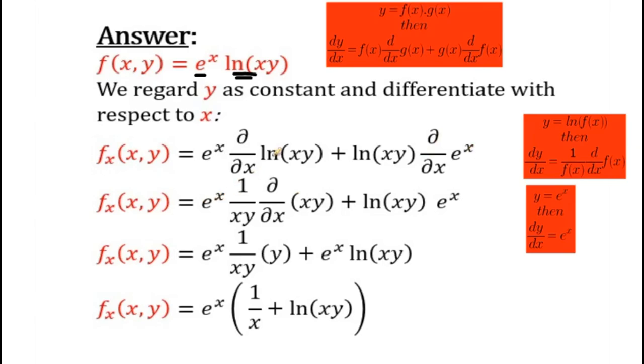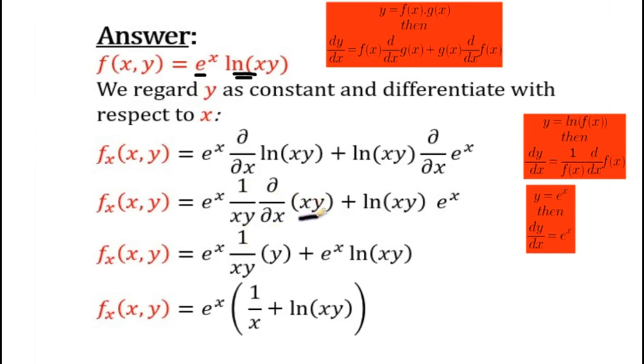So e raised to power x, the derivative of natural log of xy is 1 over xy, and the further derivative of xy, plus natural log of xy and the derivative of e raised to power x remains as it is, that is e raised to power x. So e raised to power x times 1 over xy.